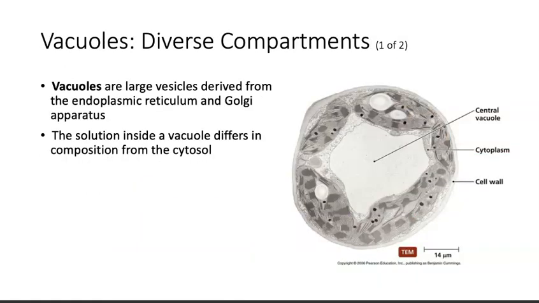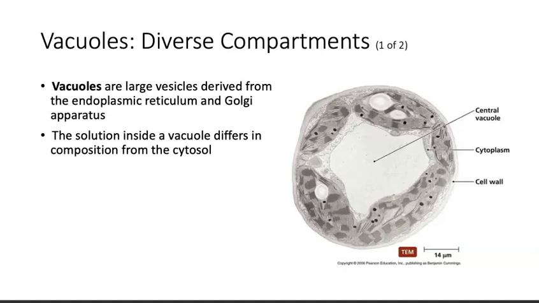Now, I mentioned food vacuoles in the previous slide, but vacuoles in general are very diverse compartments. This is kind of like a generic term for large vesicles that are made by the endoplasmic reticulum, the Golgi apparatus, or, as we saw in the previous slide, by a pinching off of the plasma membrane.